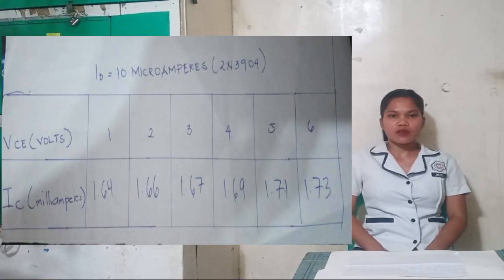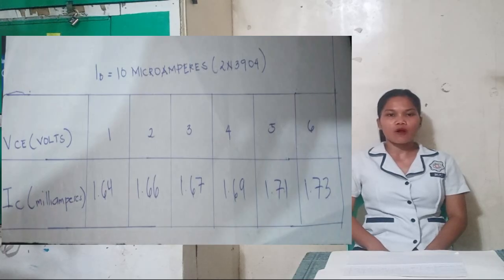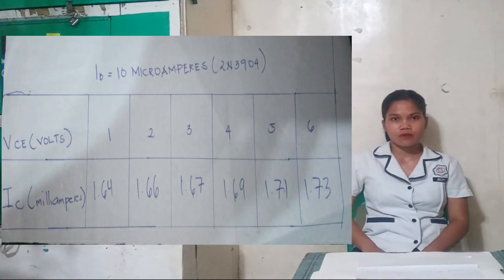The data here shows typical behavior of a BJT operating in active mode. Once collector emitter voltage is sufficiently high, collector current becomes almost stable, reflecting proper transistor operation.